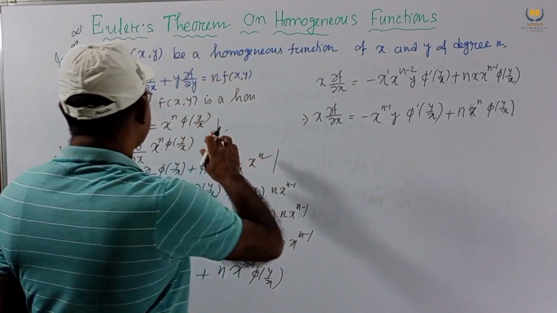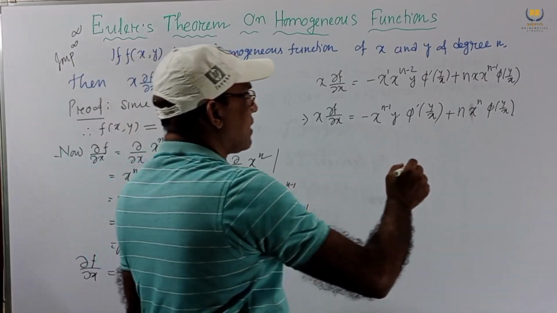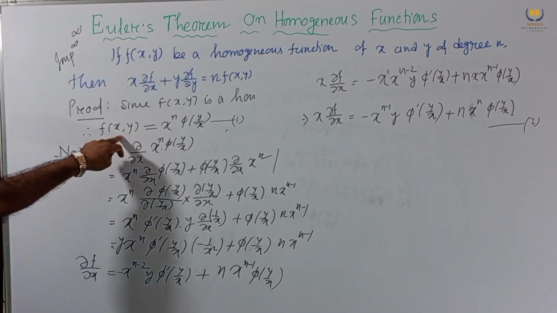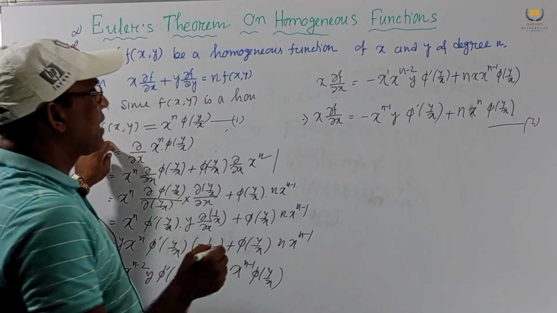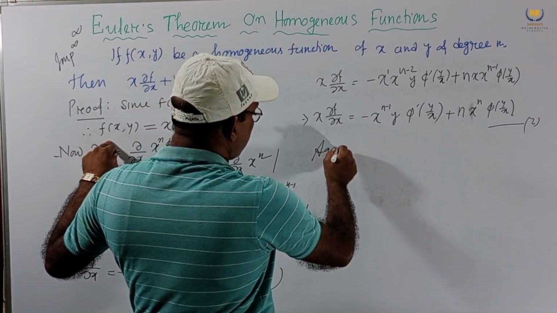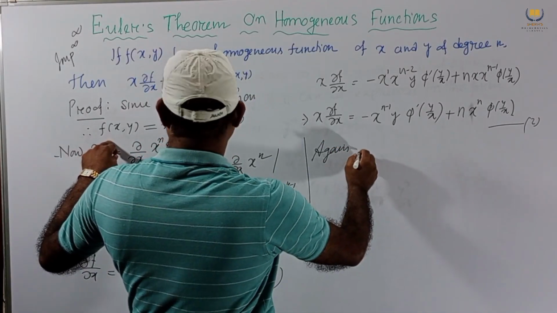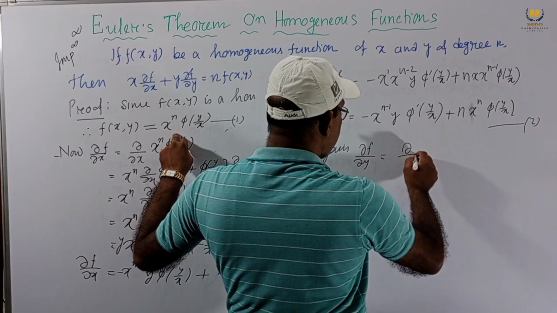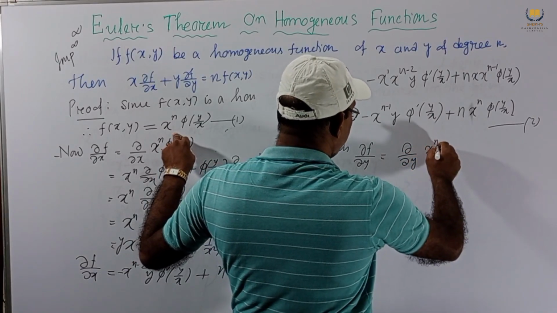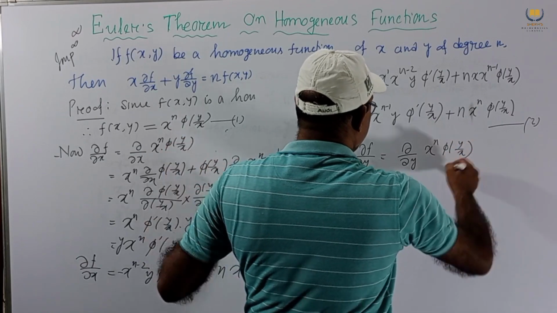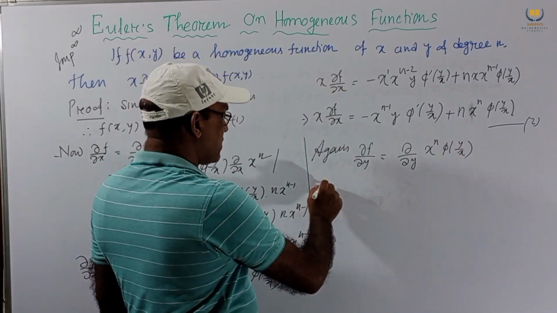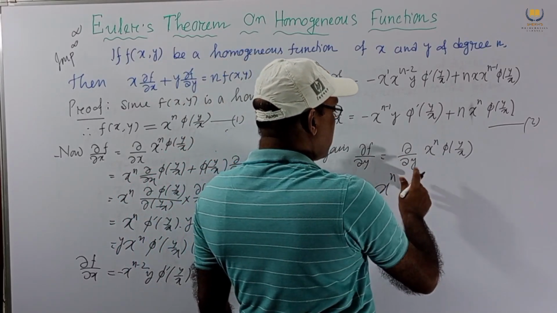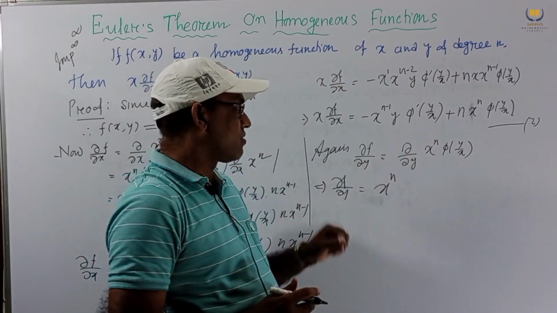So we consider this as number 1 and this as number 2. Again we differentiate partially with respect to y. What do we get? Del f by del y equals del by del y of x to the power n phi of y by x. This implies x to the power n is constant, because we differentiate partially with respect to y, so x is constant.